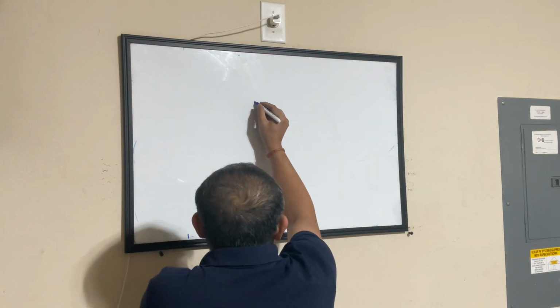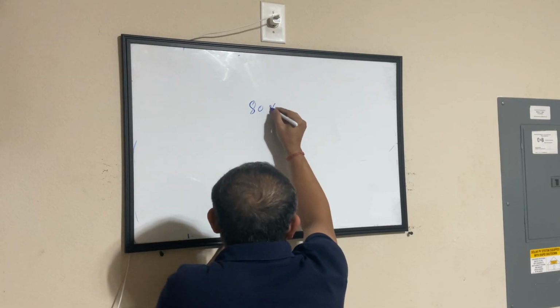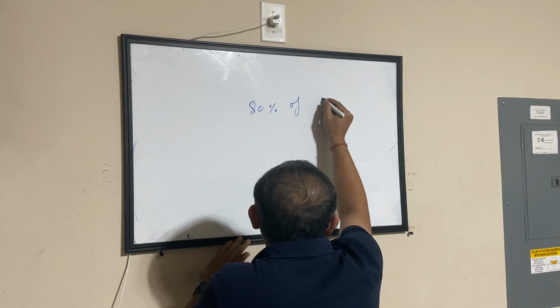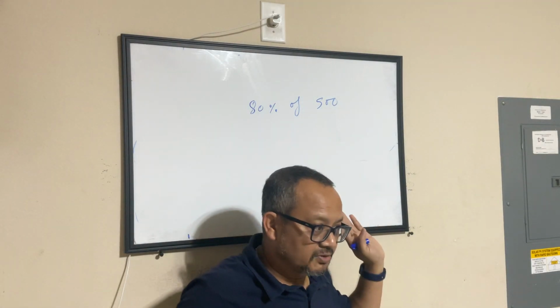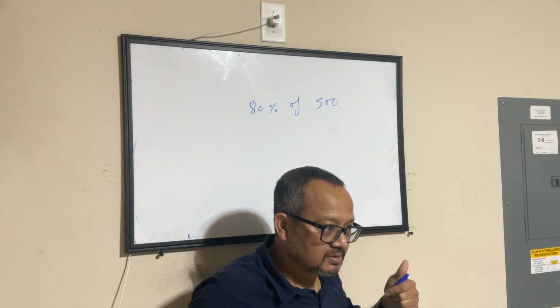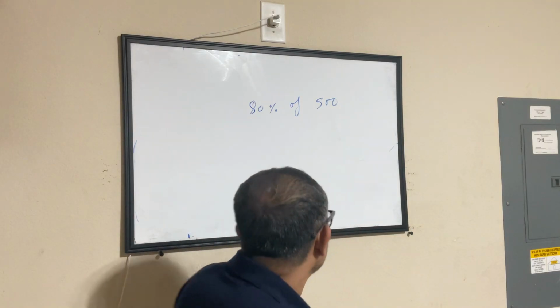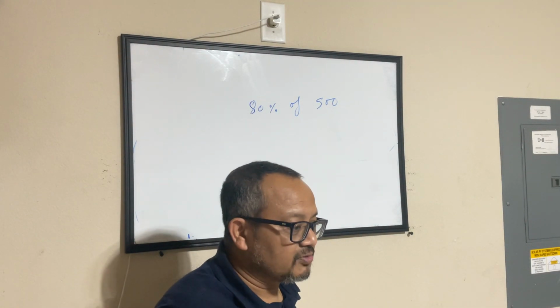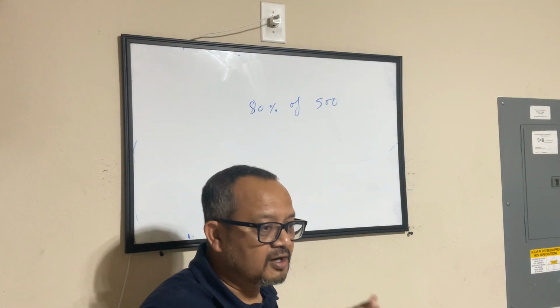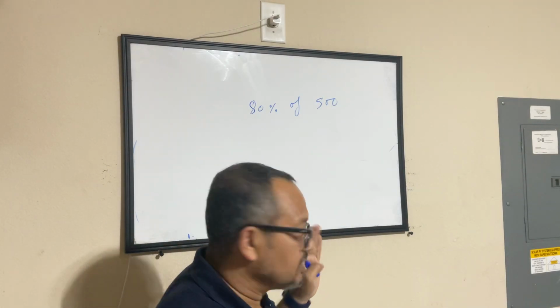Say, if I say 80% of, let's say, 500. Are you okay? You need water? Yeah. Okay. 80% of 500. If somebody says find it out, this is pure plain English, no maths.